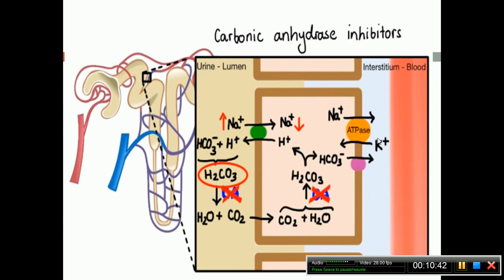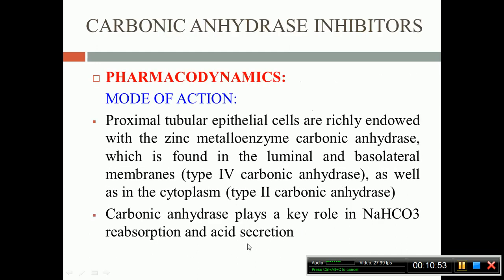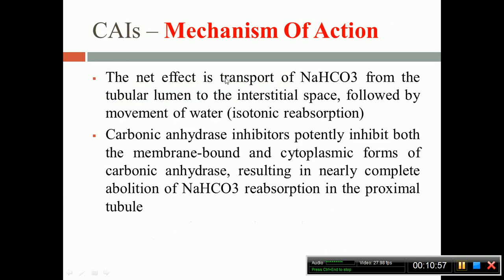So thereby, by blocking this carbonic anhydrase, the net effect is that the net transport of bicarbonate from the tubular lumen to the interstitial space, followed by movement of water, will be hindered.